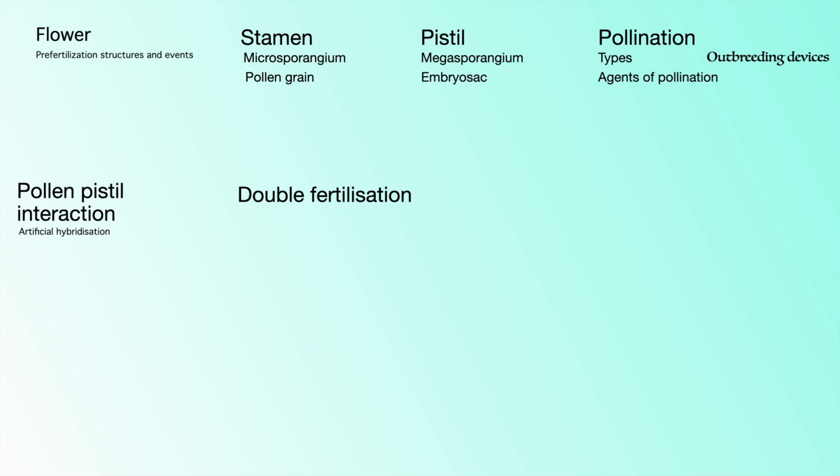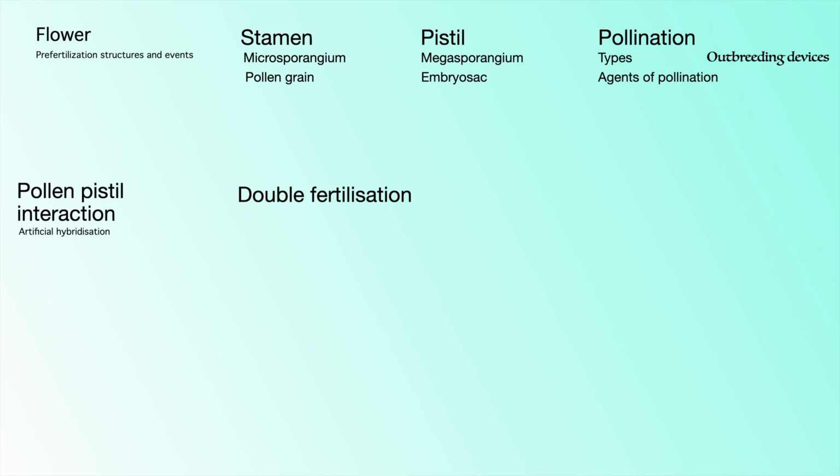First, we have seen that the pollen tube has reached the synergid cell. Inside the pollen tube, there are two generative cells, also called male gametes. So, how many do we have? Two male gametes. These two male gametes enter into the synergid cell.